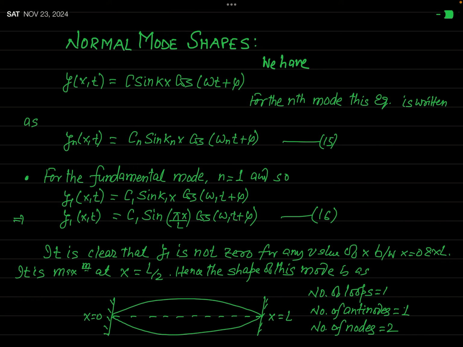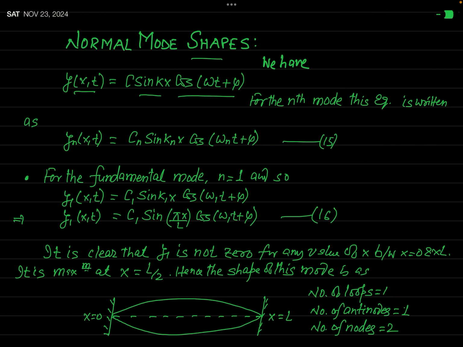This is regarding the normal mode shapes. What will be the shape of the normal mode of vibration of this string? Let us see. Actually, this shape is obtained from the displacement equation. You have seen that the displacement equation of the vibration of this string is given as y of x,t equal to C times sine kx times cosine of omega t plus phi.